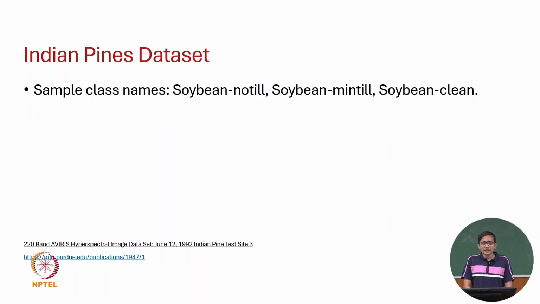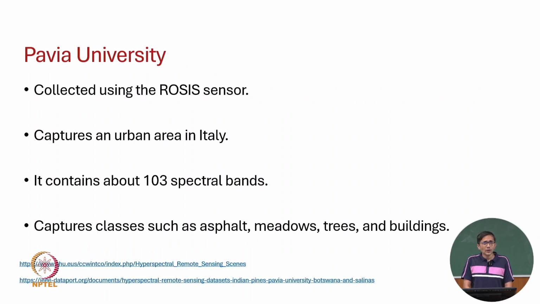Similarly, let us look at another dataset called the Pavia University dataset, which has been collected using the ROSIS sensor. It captures an urban area in Italy. So in contrast to the previous dataset that we just saw, which captured an agricultural area, this particular case captures an urban area.